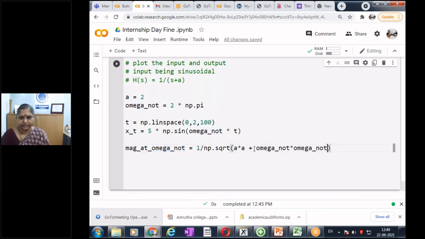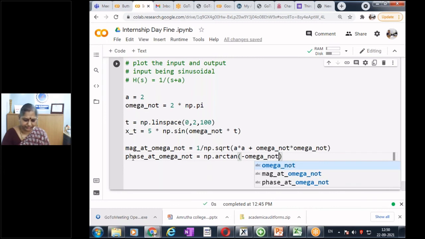What is the phase at omega naught? This is going to be np dot arctan of minus omega naught divided by a.